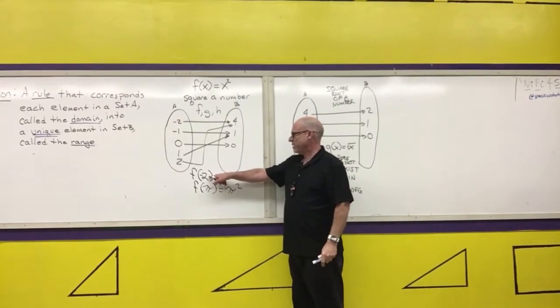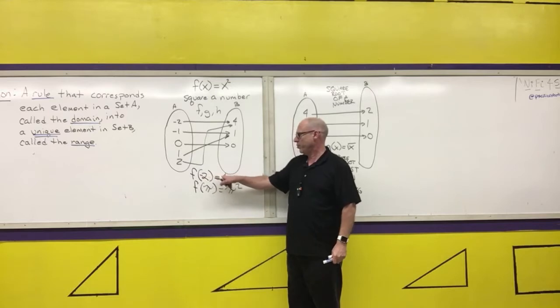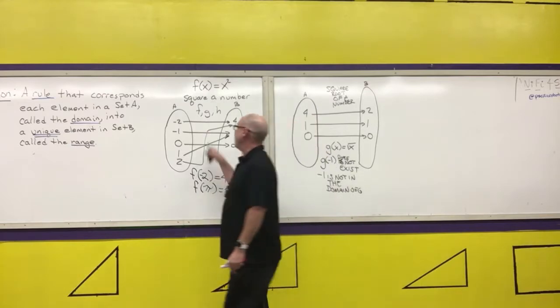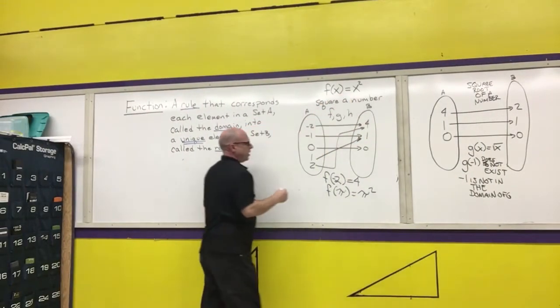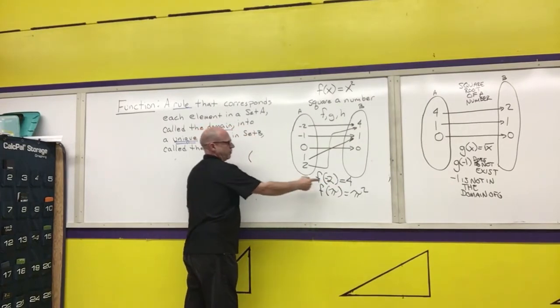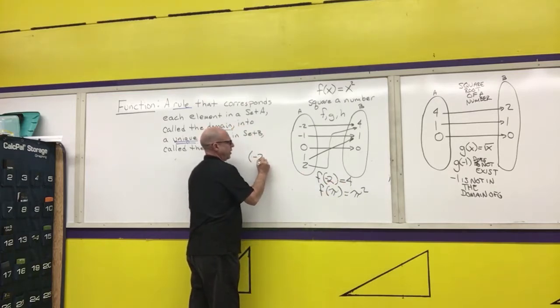I can extend on this model where f of -2 equals 4, and we can write this as a list of ordered pairs. Going back to the function f of x equals x squared, I can write this as a set of ordered pairs. F of negative 2 equals 4 would give me the ordered pair negative 2 comma 4.